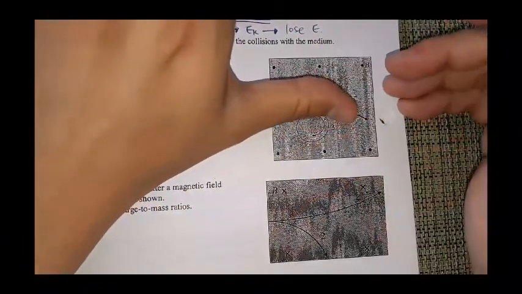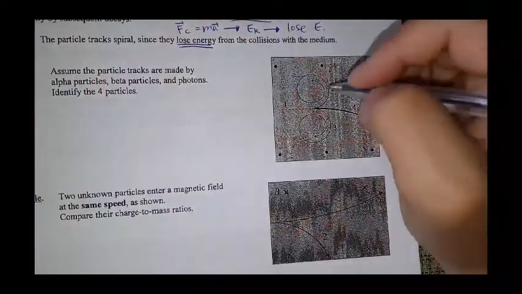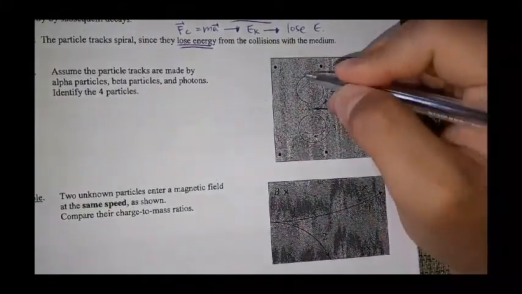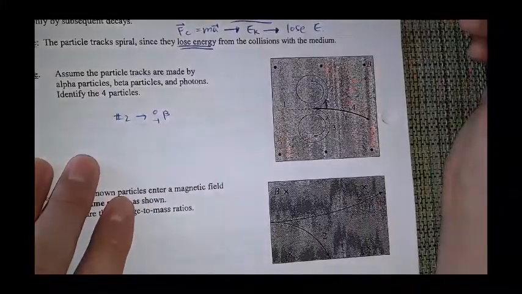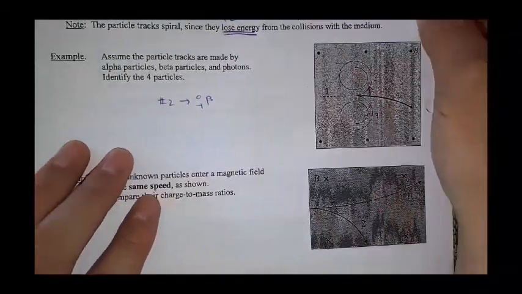Thumb represents electron movement and forefinger going out of the page because that's what these dots represent. So my palm is facing upward. So no wonder the force that is experienced creates the circle that goes up. So we know that number 2 is our beta negative particle or electron, if you will, highly energetic.